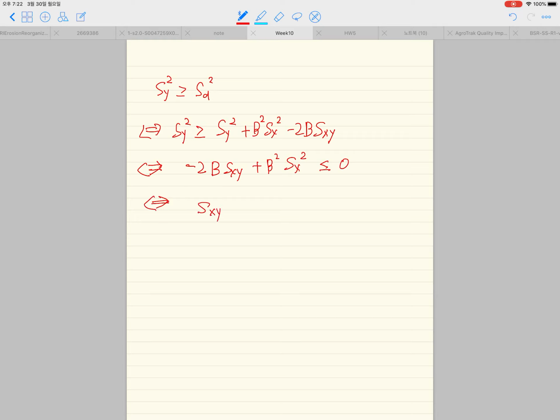So s_xy is greater than or equal to 1 over 2 s_x square b.